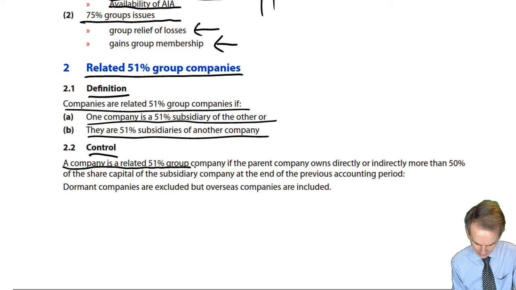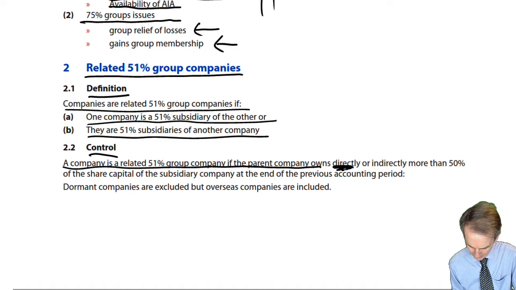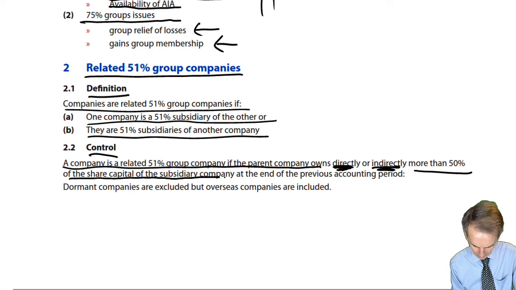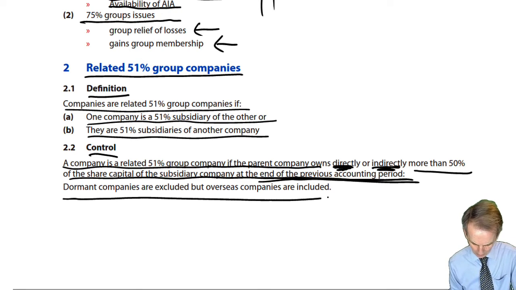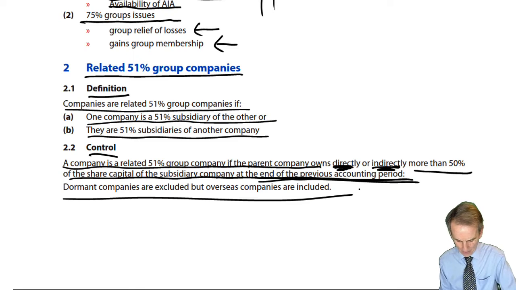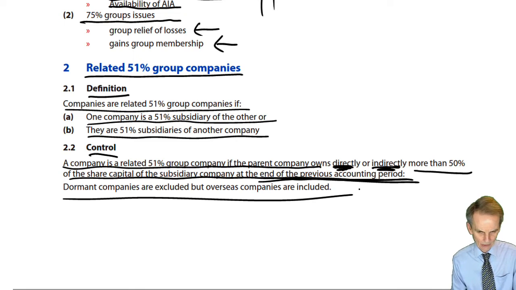A company is a related 51% group company if the parent company owns directly or indirectly more than 50% of the share capital of the subsidiary company at the end of the previous accounting period. Dormant companies are excluded, but overseas companies are included.